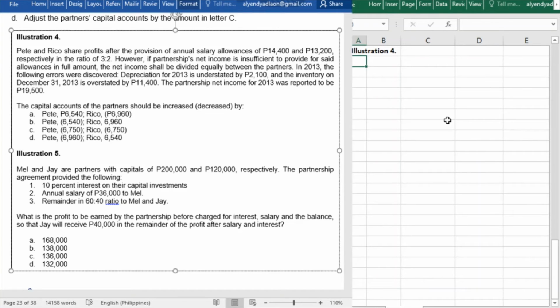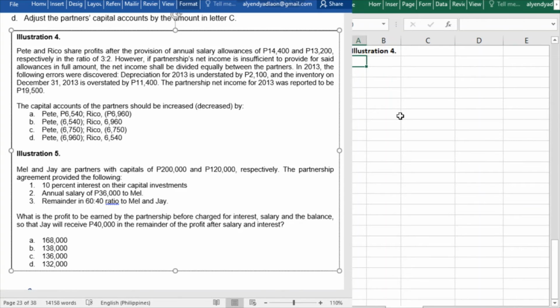For illustration 4, we have Pete and Rico share profits after the provision of annual salary allowances of 14,400 and 13,200 respectively in the ratio of 3:2. However, if the partnership's net income is insufficient to provide for said allowances in full amount, the net income shall be divided equally between the partners.